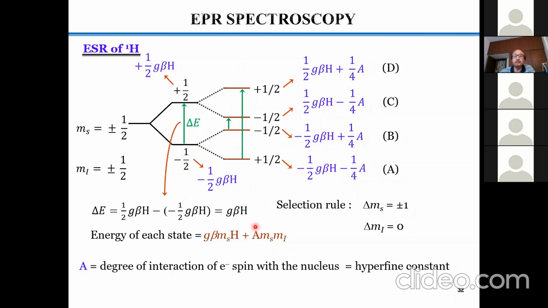So g beta M_S H, so it is minus M_S, so minus half g beta H, plus A M_S into M_I. That means to what extent M_S and M_I are interacting by virtue of their molecular structural form.